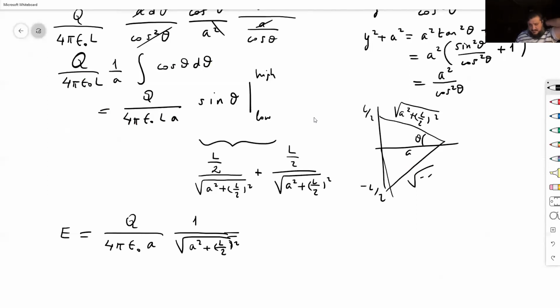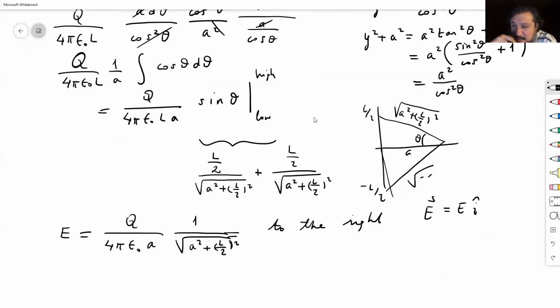That's your electric field to the right. Points to the right. You can write it as an electric field with the unit vector, if you like. Okay, it's pointing to the right. That's an exact formula. If you know the length of the rod and how far you're from that rod, you know exactly what the electric field would be.